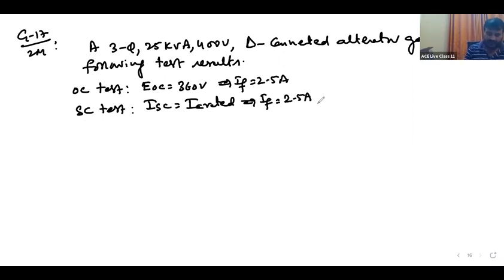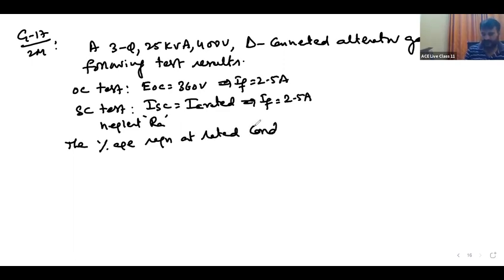Neglect RA; the armature resistance can be neglected. Then the percentage voltage regulation at rated condition for 0.8 leading power factor is dash.